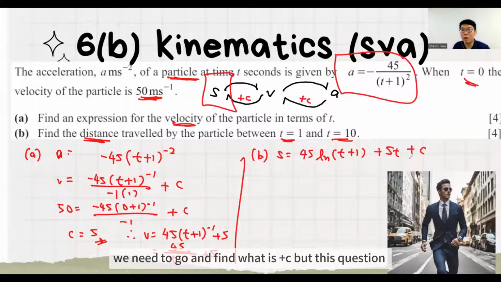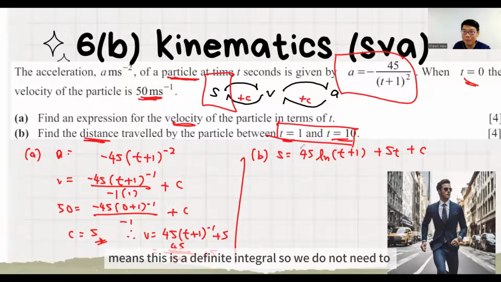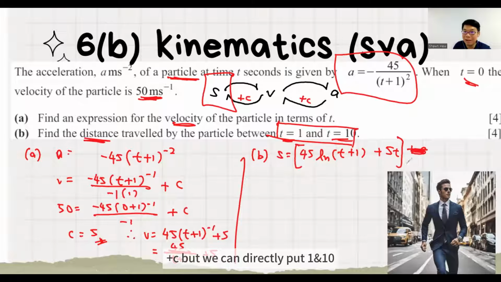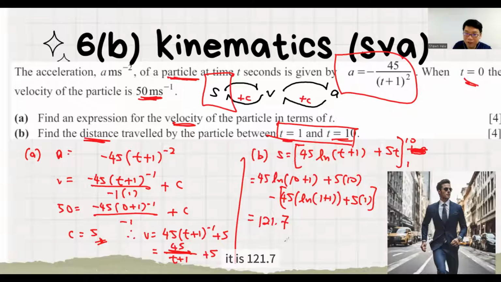Usually we need to find plus C, but this question already tells us t is 1 and t is 10. This means it is a definite integral, so we do not need plus C, but can directly put in 1 and 10. So then we can confirm it is 121.7. So it's just like that.